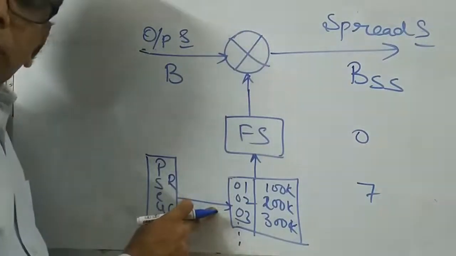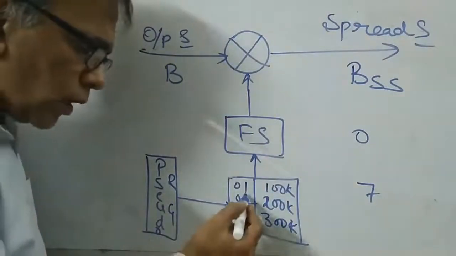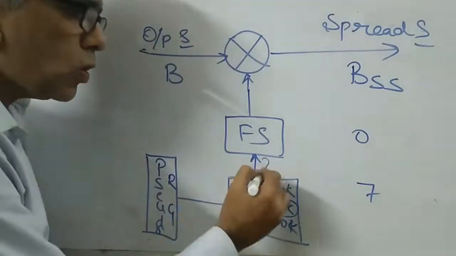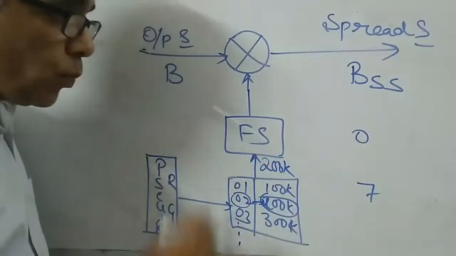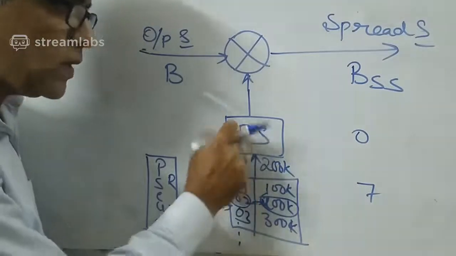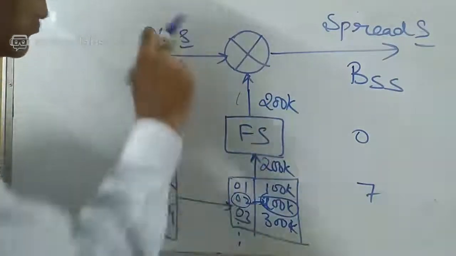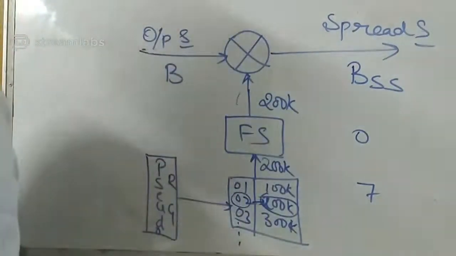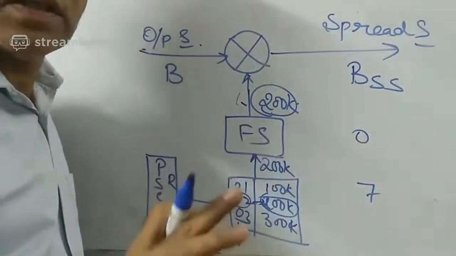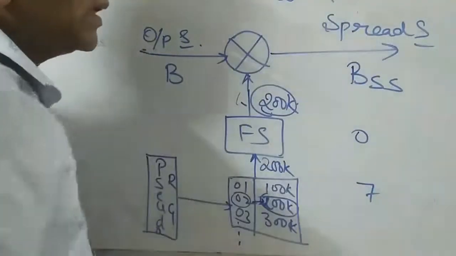For example, if it has generated 2, this will help us pick the frequency of 200 kilohertz. So 200 kilohertz will be the input for the frequency synthesizer. Based on this, the frequency synthesizer will generate a 200 kilohertz carrier signal, which will be multiplied with this signal. So the first output you are generating is of 200 kilohertz.